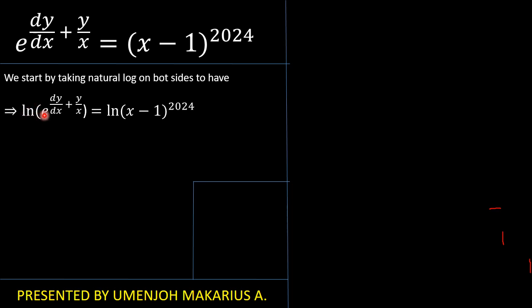That therefore means that the natural log of e is simply going to be 1. So what we have here in the power simply comes down. We're now going to have dy by dx plus y over x, which is the same as, and we know that the log property tells us that we can shift 2024 and send it to the left hand side. So by so doing, we are going to have our 2024 this way. Then we have the natural log of x minus 1.